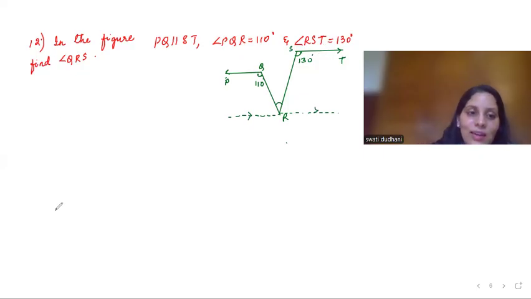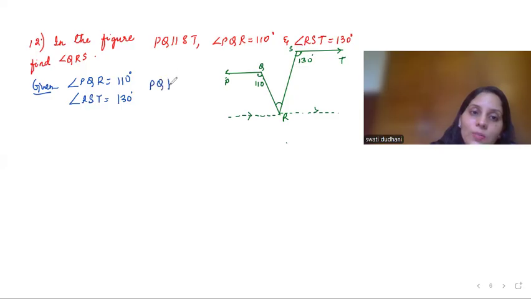So firstly, let us write what is given to us. Given angle PQR is equal to 110 degrees, angle RST is equal to 130 degrees and PQ is parallel to ST. What do we need to prove? We need to find angle QRS.